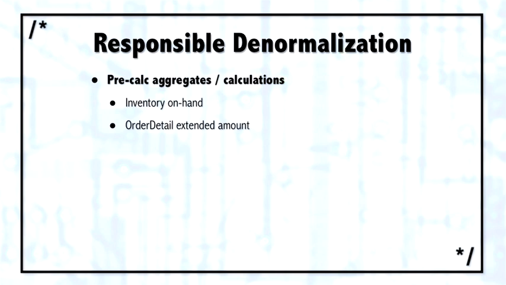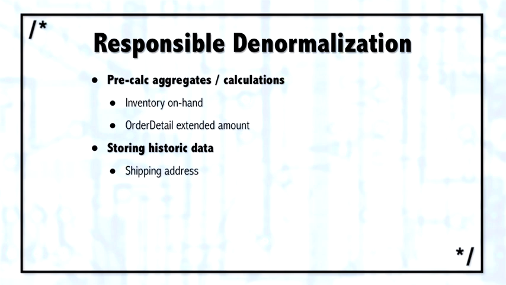Another example of responsible denormalization has to do with historic data, and this is one limitation of the relational model. Think for a second about a customer, and we have his name and address and shipping information in the customer table, and then in the order table we're simply pointing up to the customer table. If the customer moves, but we don't have an actual history of that shipping address in the order table, then we'll have no proof of where we shipped it 3 years ago.